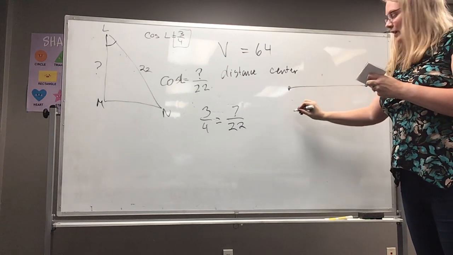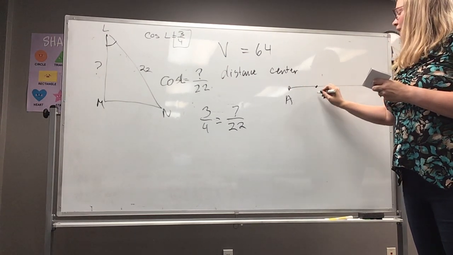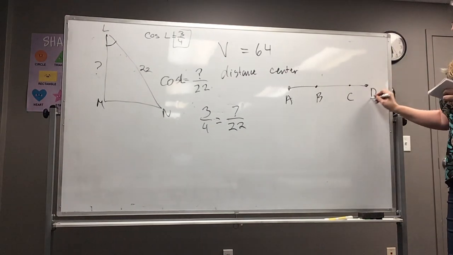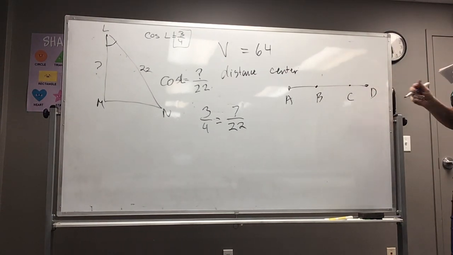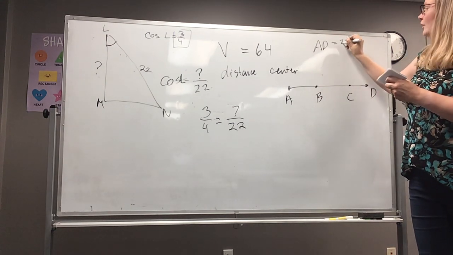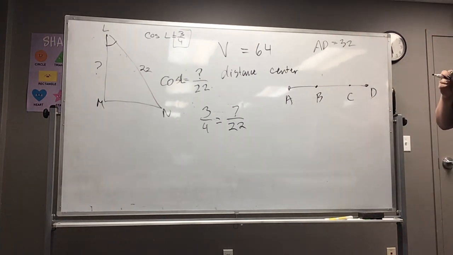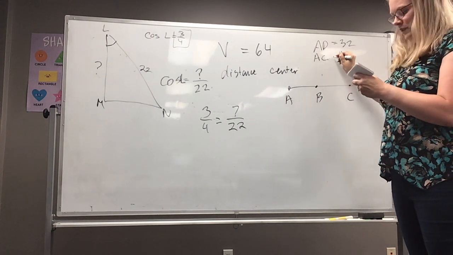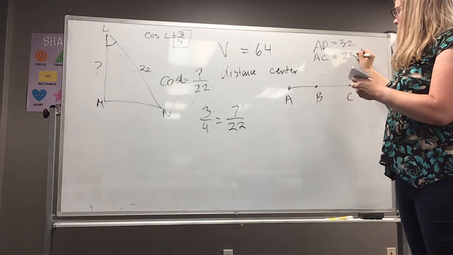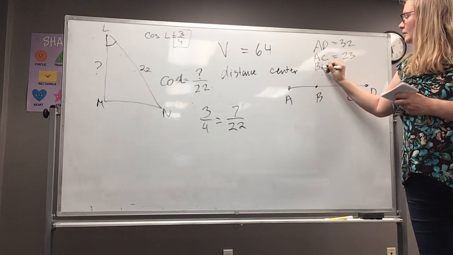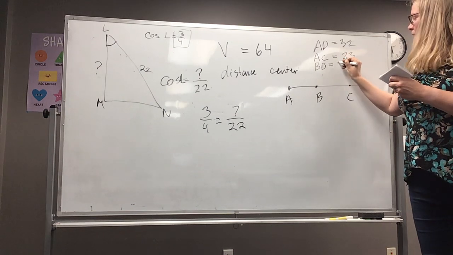So, now I'm going to do alphabetical order and give you a picture. A, B, and C, and D. AD is 32 units long. AC is 23. And BD is 27.